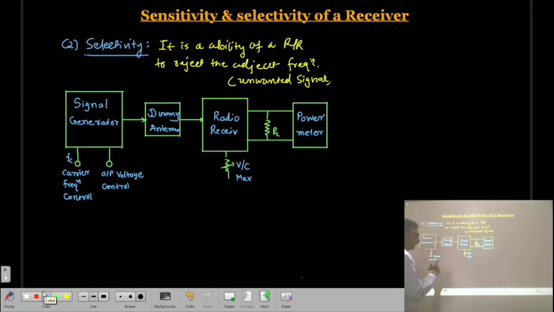Remember that you have to tune your radio to one particular frequency. Let us say we are tuning a radio, we have a tuning frequency, and here we have the signal generator frequency.